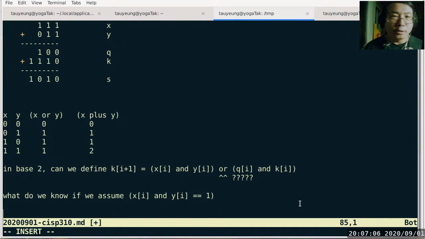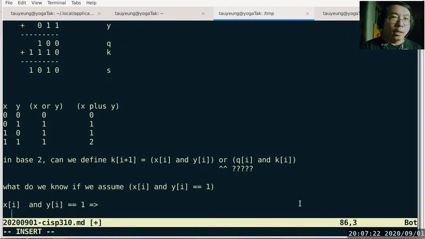Come on, you guys can try to do some inferencing here, okay? So x_i and y_i is 1, is implying what? First of all, can I look at this and say, hey, I now know what x_i really is and y_i really is? Exactly. So we know that x_i is a 1 and y_i is also a 1.